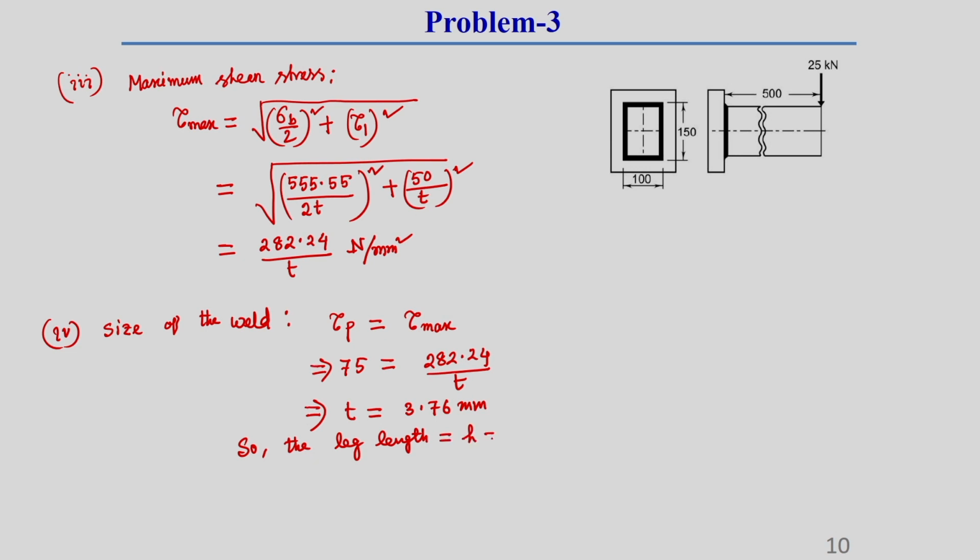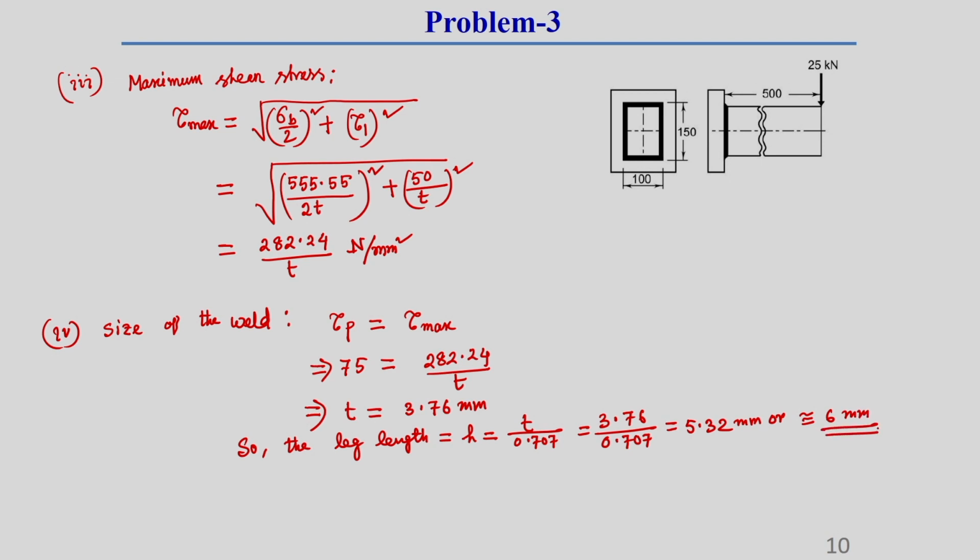So, the leg length h will be equal to t by 0.707. So, this will give us 5.32 millimeter, or we can consider this equal to 6 millimeter.